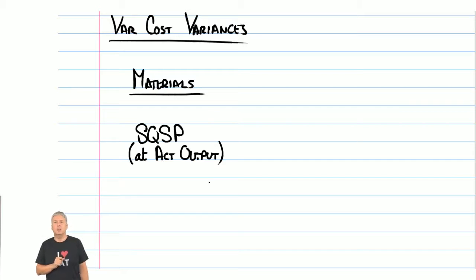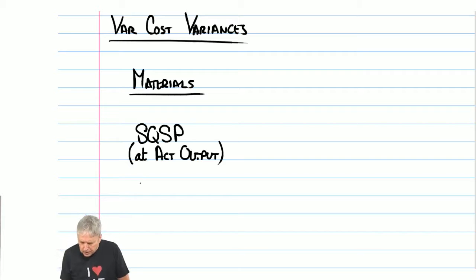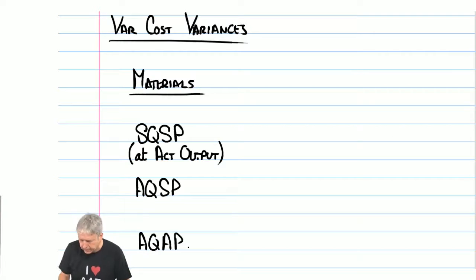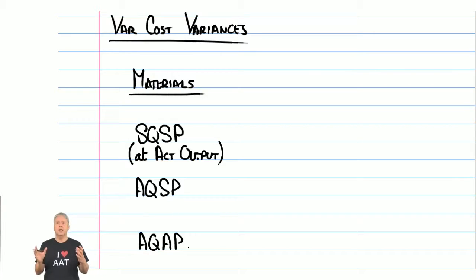Flex to the actual level of activity in order that we're comparing like with like. And we're going to compare that to the actual quantity at standard price, and we're going to compare that to the actual quantity at actual price. So, highly descriptive here to make sure that we do pick the appropriate bits and pieces when we need them.